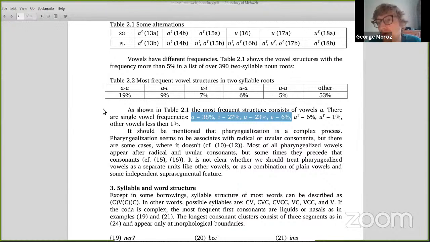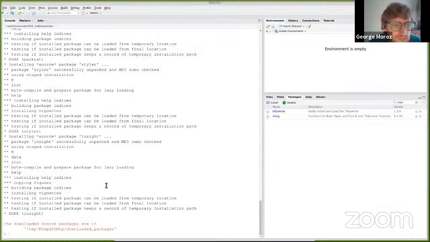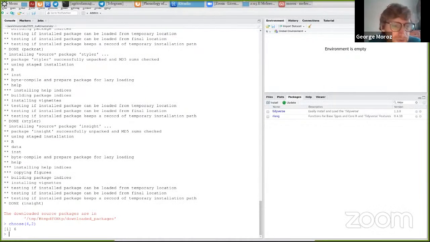And I think your work, for both of you, is somehow to get these strange patterns that appear. Because if we have 4 vowels, we'll have something like what? Choose 4, 2. Yeah. So it will be 6 possibilities.